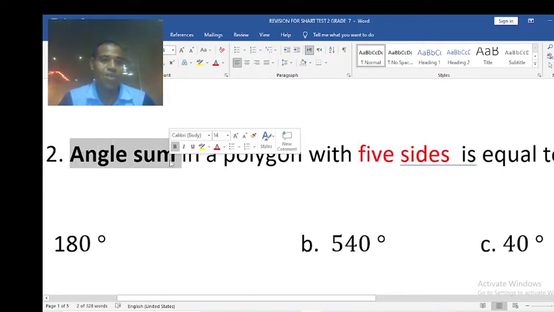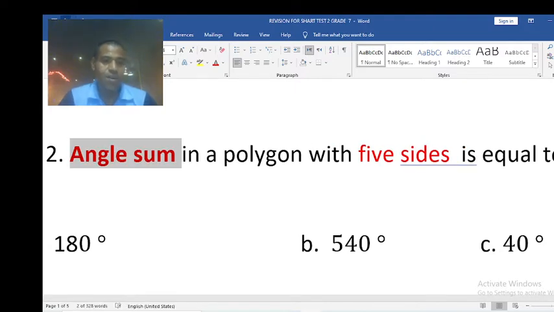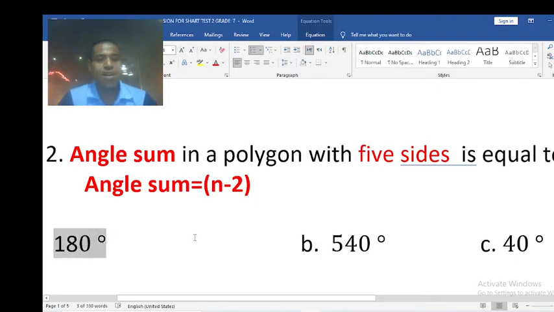So learners, you will try to use the formula for the angle sum of a pentagon. Copy, then I will just write it here. It will be equal to, between parentheses, n minus 2, all multiplied by 180 degrees. Clear? Okay, copy, and I will write it here.